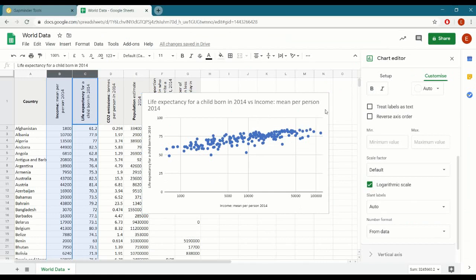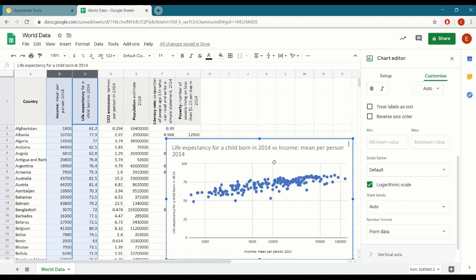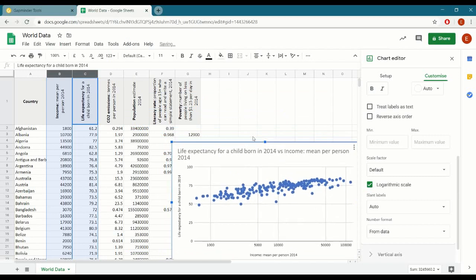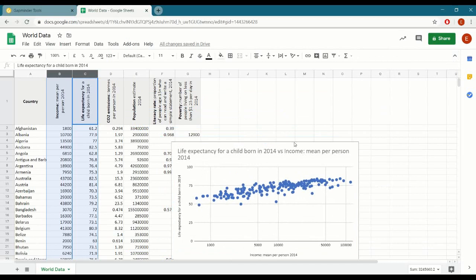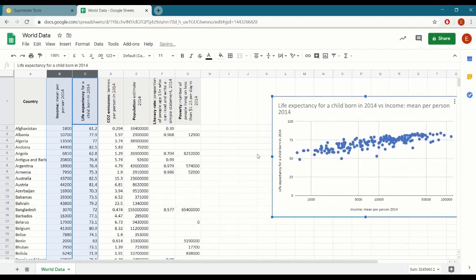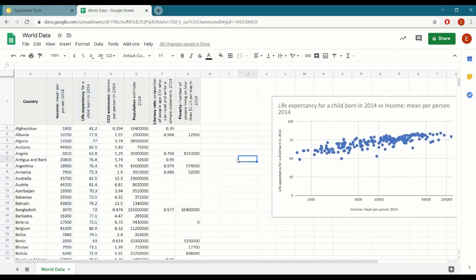I'd quite like to attach a number to that, and we have a way to quantify correlation, which you'll learn about more in A-level maths, but we can just calculate it very easily here in Google Sheets. I'm going to click on any empty cell in the spreadsheet and press equals.